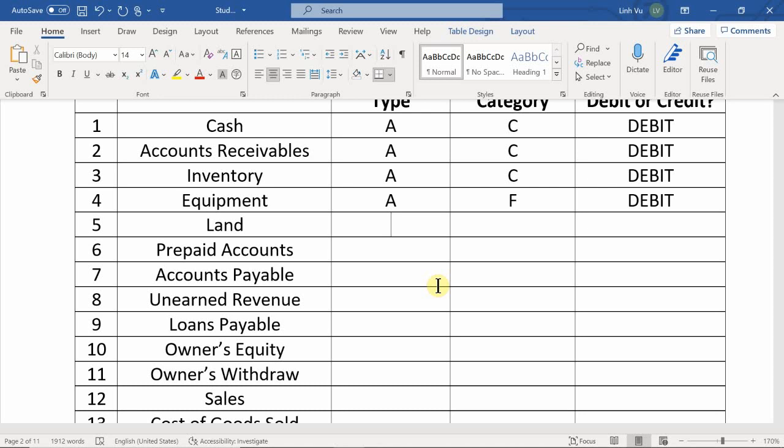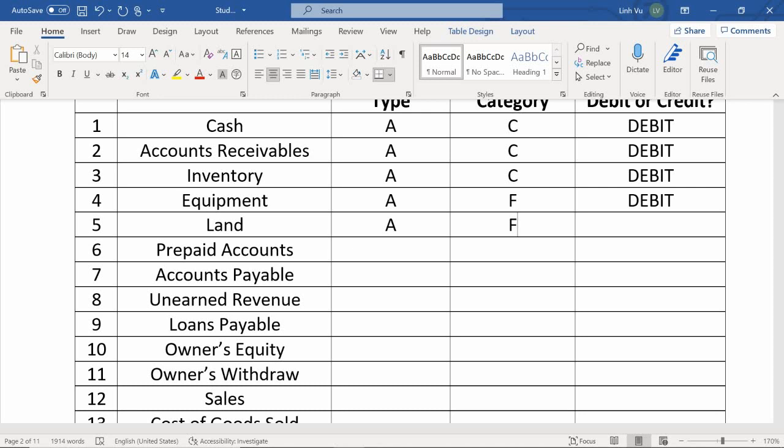What is land? Would that also be an asset? That would also be an asset because you would own it, right? Now, what kind of asset would it be? A fixed asset. It would be fixed, right? This would fall under the category of property.